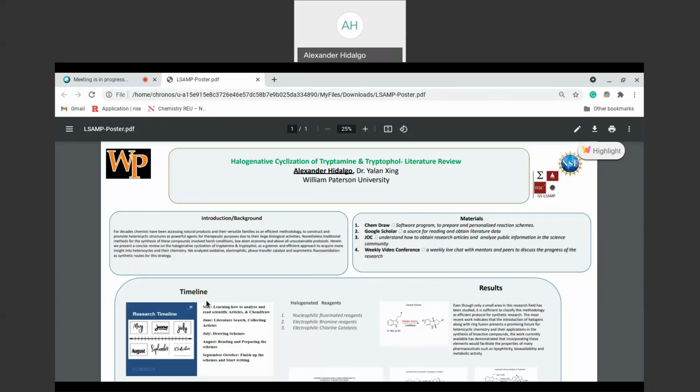The project started basically around May, and this first month consisted of learning how to analyze and read scientific articles, which before I had no knowledge of, and utilizing ChemDraw, how to annotate, how to read, how to extract information from articles.